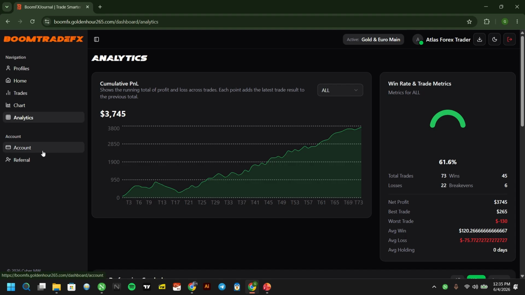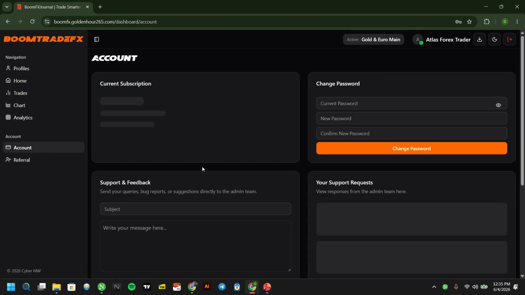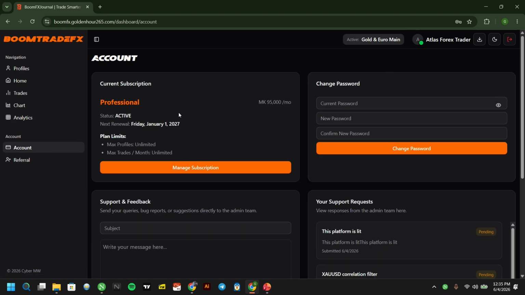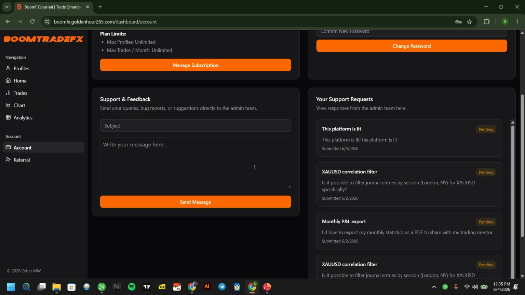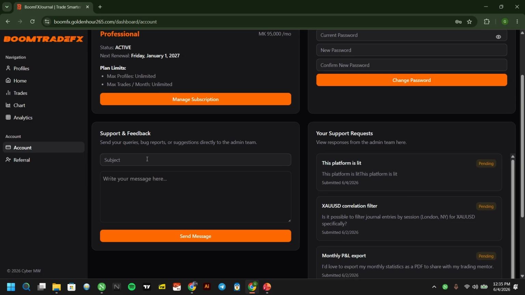So let's start with the account page. On the account page is where you'll be able to see the subscription that you have. Next to it, you can also change your password, and you can write support and feedback messages to the admin and the technical team of the platform. The good part about this form is that you can communicate with the technical team and the admin if you are facing any issues, and if you have specific features that you'd want to see on this platform.